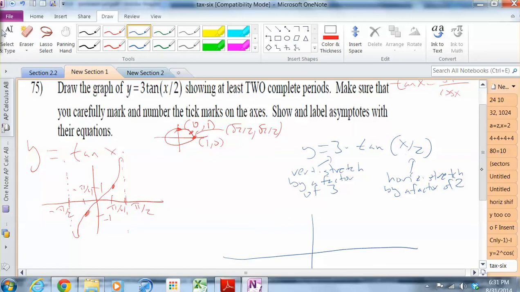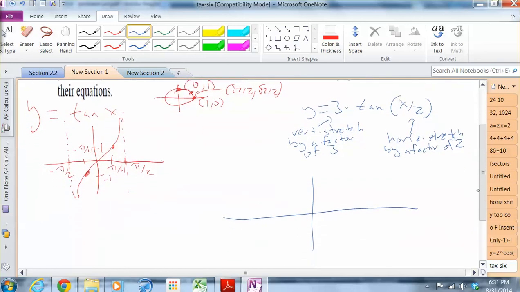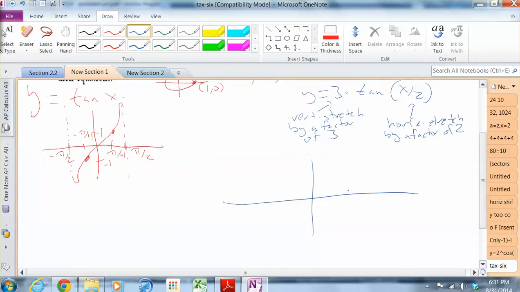So in this case, our asymptotes will be at negative pi and pi.